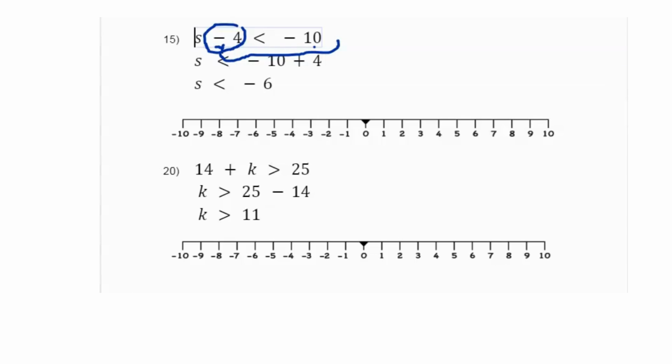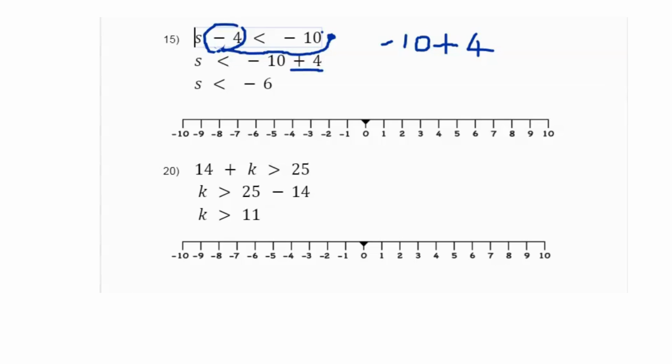So it will change to +4. -10 plus 4. Anytime you see any problem like this, you add or you subtract, but you keep the sign of the bigger number.